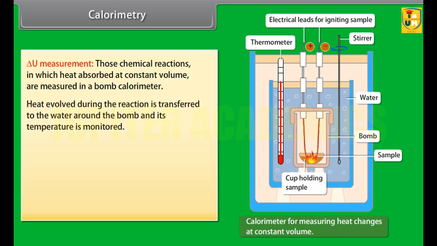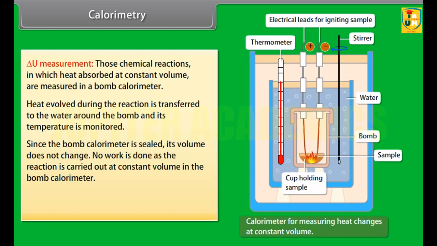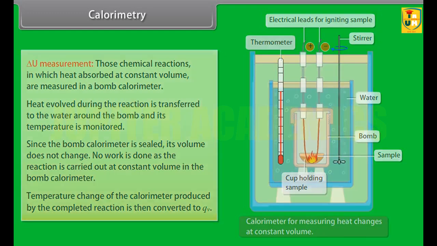Heat evolved during the reaction is transferred to the water around the bomb and its temperature is monitored. Since the bomb calorimeter is sealed, its volume does not change. No work is done as the reaction is carried out at constant volume. The temperature change of the calorimeter produced by the completed reaction is then converted to Qv.